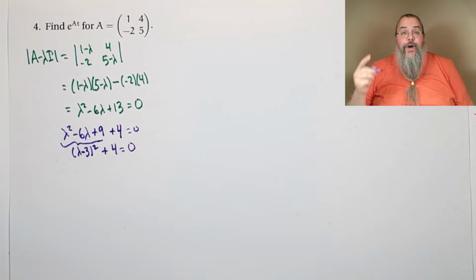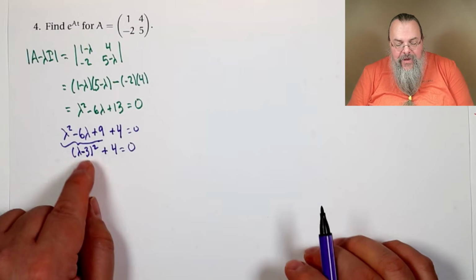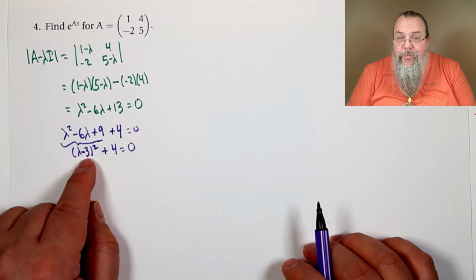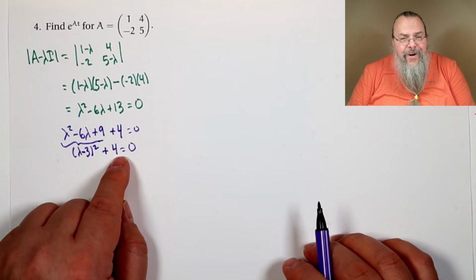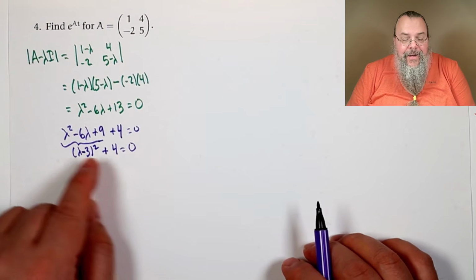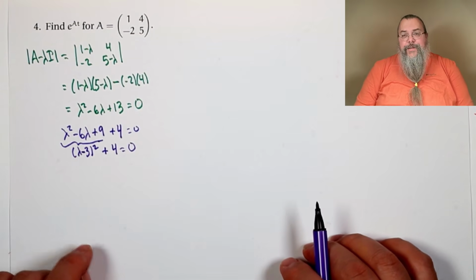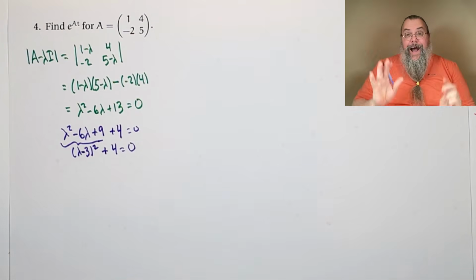And now I can see what's going to happen. Normally when you square something, you end up with something greater than or equal to 0. And this is plus 4. Hard to get to 0, unless what we square gets us a negative thing. And that sounds a little bit complex.